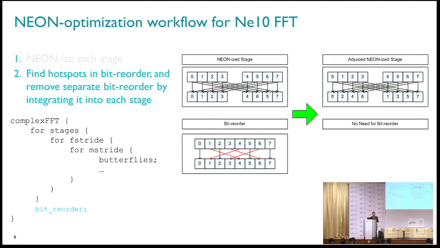But now we separate the bit reorder. We store them to the well-designed position, like 0, 2, 4, and 6. Then we do the bit reorder during each loop, so we don't need a separate bit reorder, which is really bad, really not friendly to Neon.